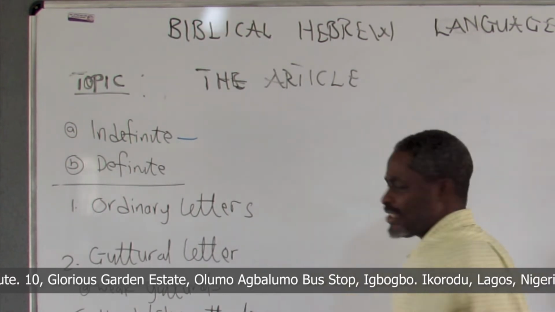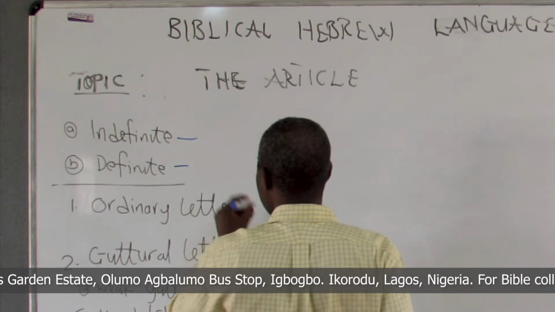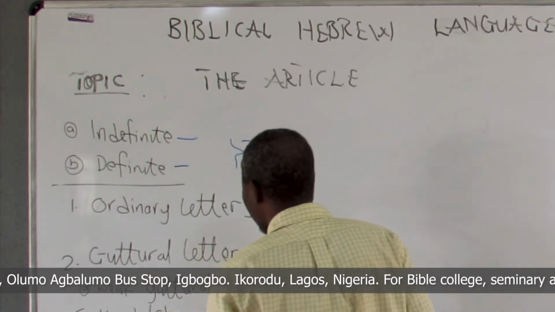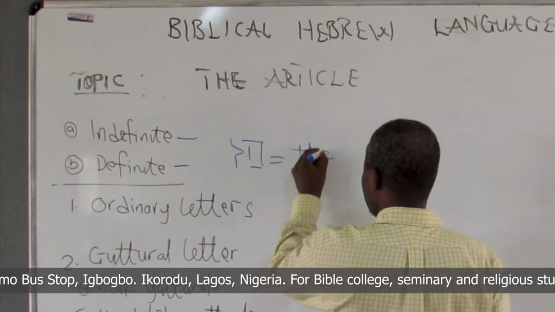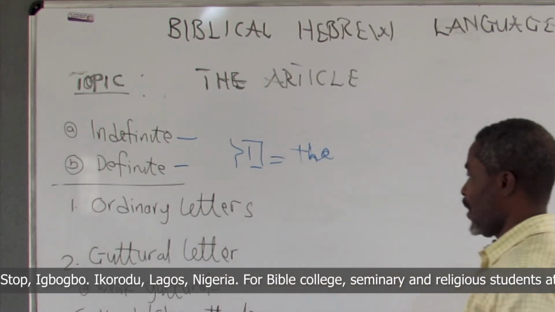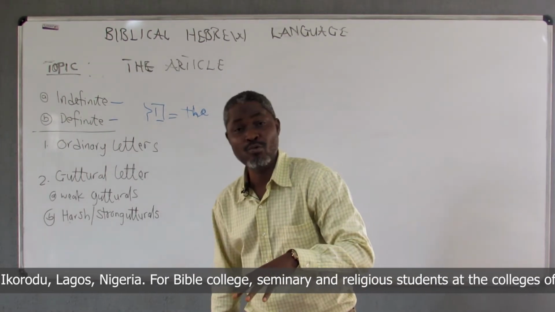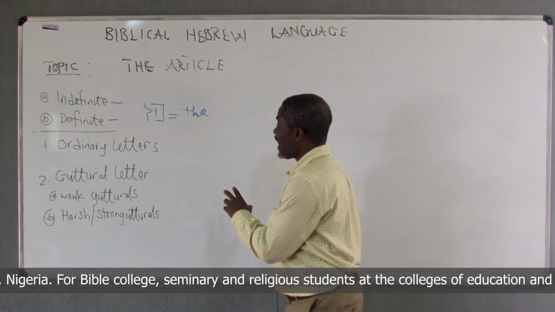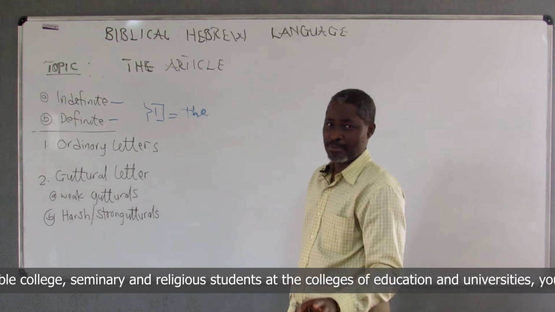But the definite article exists, and in Hebrew that is ha. Originally it is hal, which is the. It's a definite article. So there are rules that follow when you want to use it. Number one, you also need to remember that the definite articles in Hebrew are inseparable.